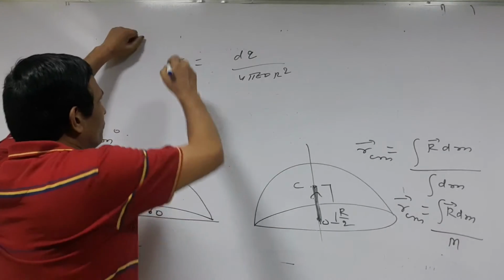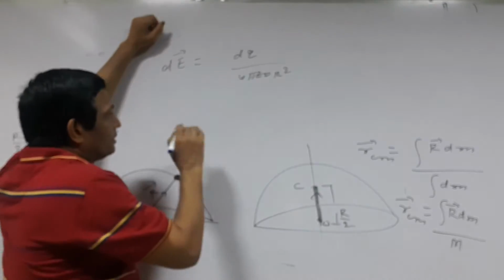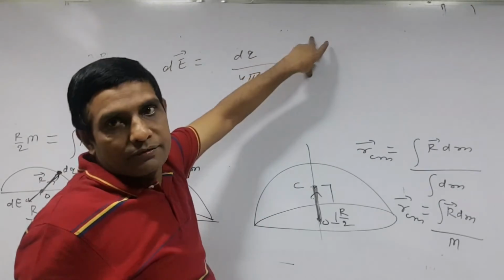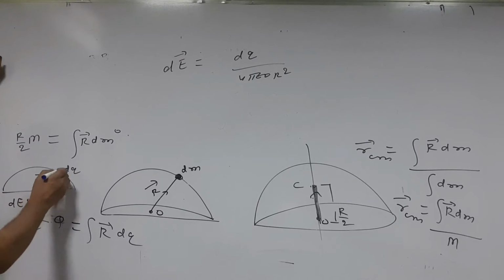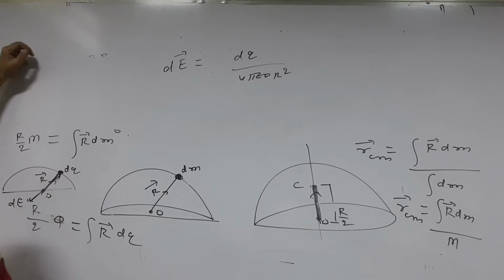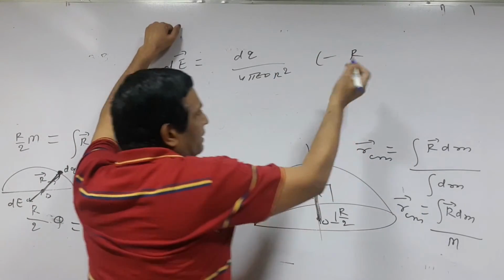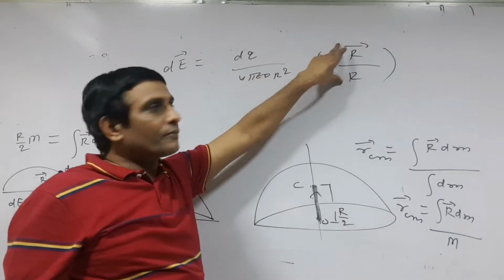So if you try to write this equation in vector form, then you must apply a unit vector, and the unit vector will be in the opposite direction of vector r. So we can write the unit vector opposite of vector r as minus vector r by r.